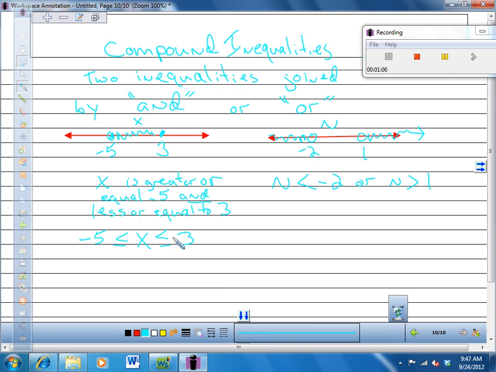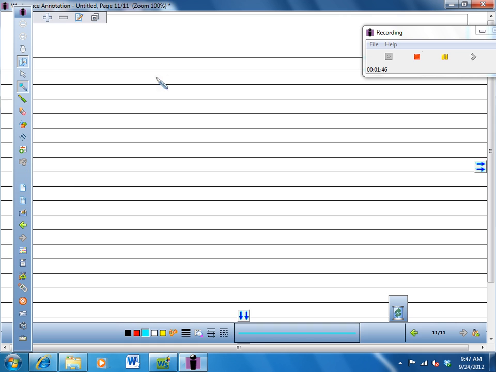So then they'll have things where, how would I do this as a compound inequality? What if I wrote this? Where's my new sheet?